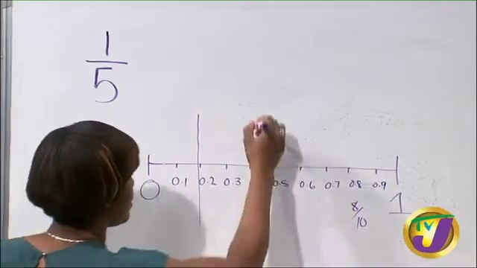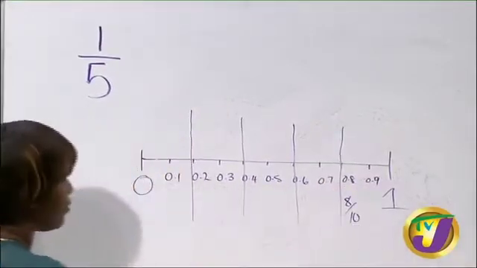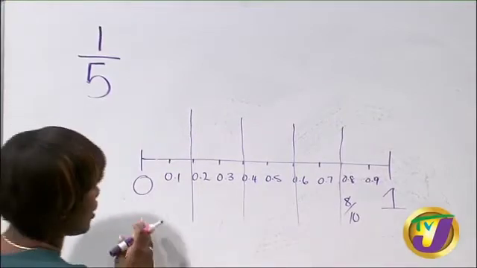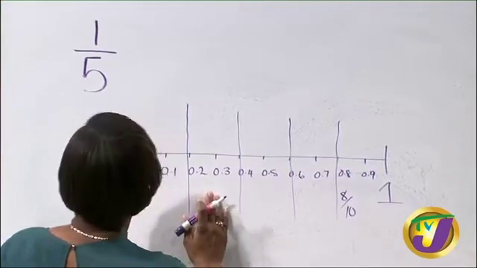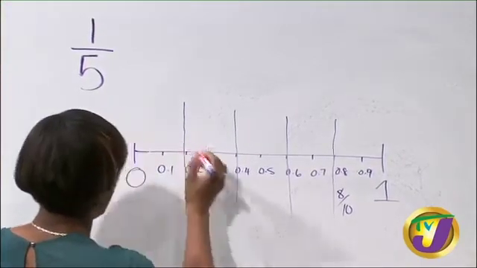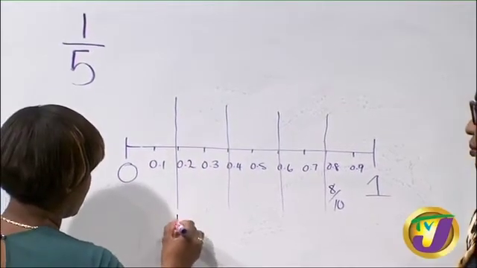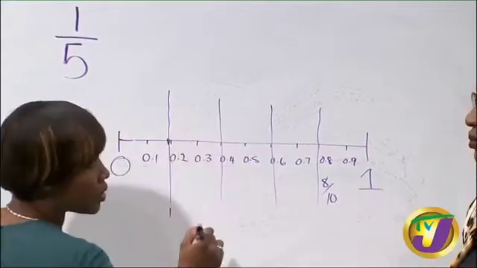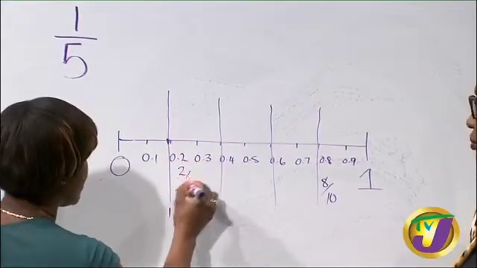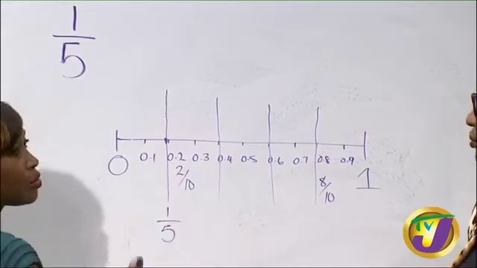So we've now placed it into 5 equal parts. Oh, this maybe is not the best representation, because it should line up with here, which is 2/10. So this is 2/10 here, it's fine. So our 1/5 would be equivalent to 2/10.